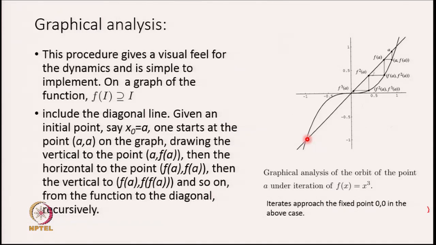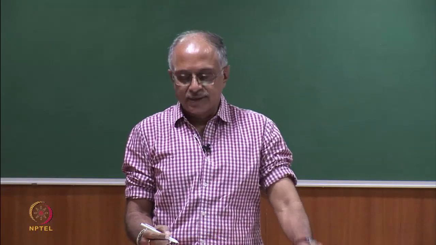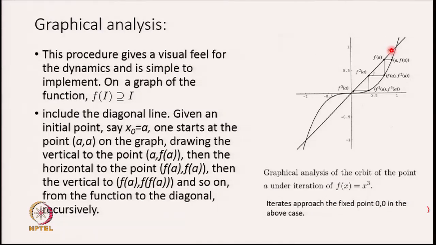How does the initial condition A iterate? Well, you start with the point A on the diagonal and you go up vertically till the point where you intersect the curve.